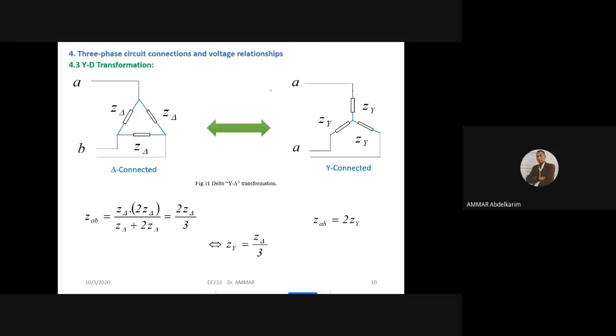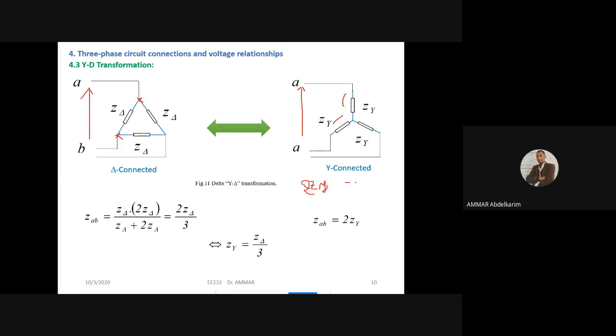When we are going to measure the load between the point A and the point B, we have this one and this one, two ZY.